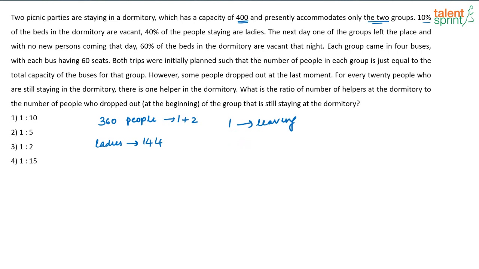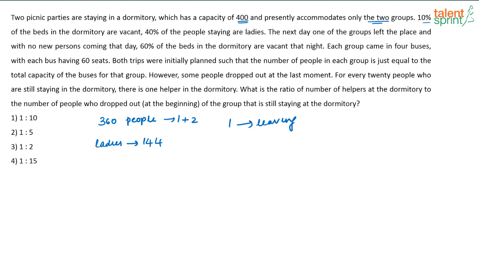Now 60% of the beds are vacant. How many people are there now? Earlier there were 360 people. The total capacity was 400 and 10% was vacant. Now 60% is vacant, so how many people are there in the dormitory now?